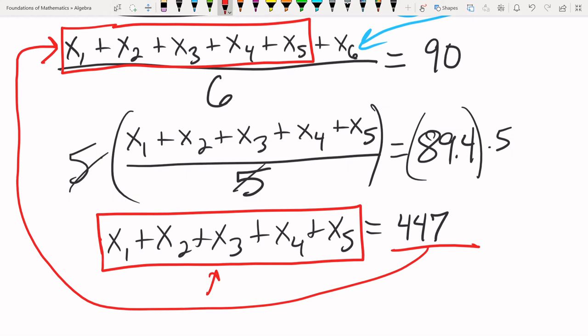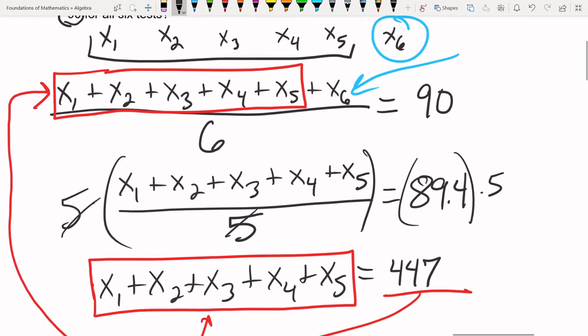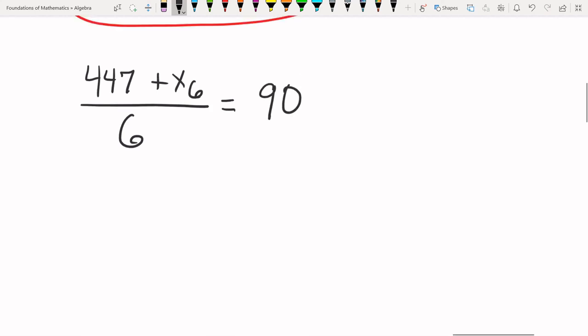When I do that, what does that look like? It looks like this. Let me go down. It looks like 447 plus x6 over 6 equals 90.